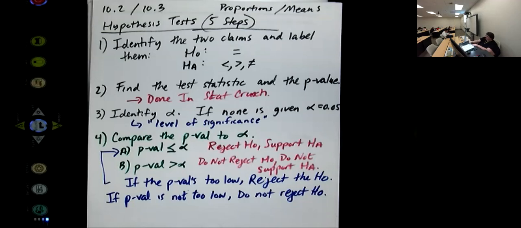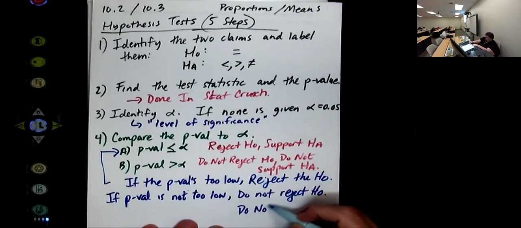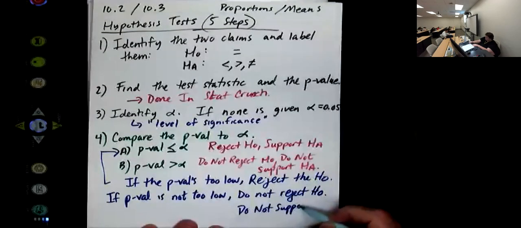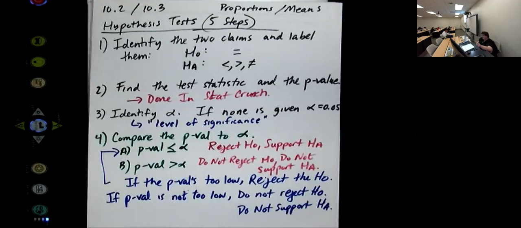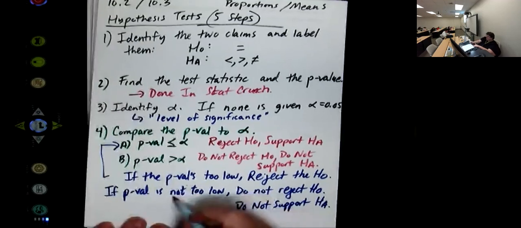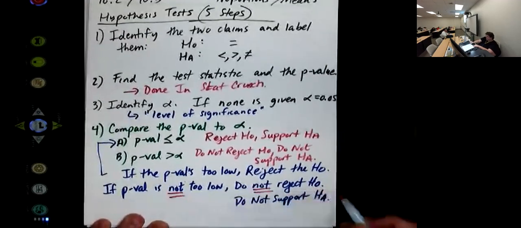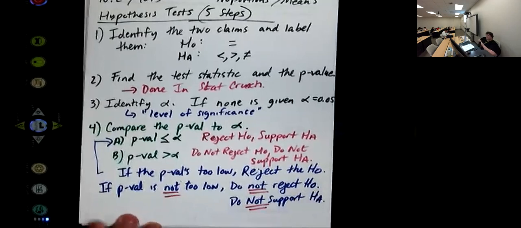And it might help you to know when you don't reject H naught, you do not support HA. And this thing has 3 nots in it. It's too low, we don't reject H naught, and we don't support HA. So not shows up repeatedly in the same idea.